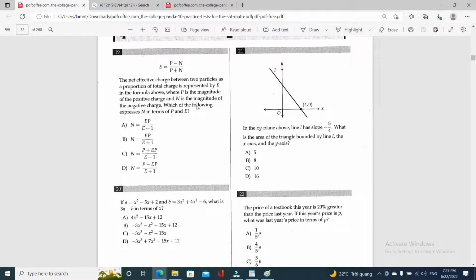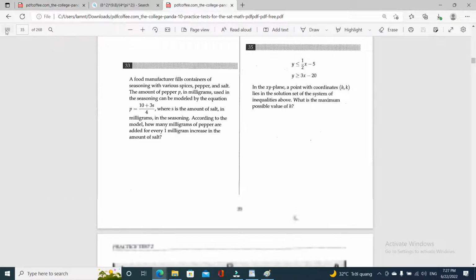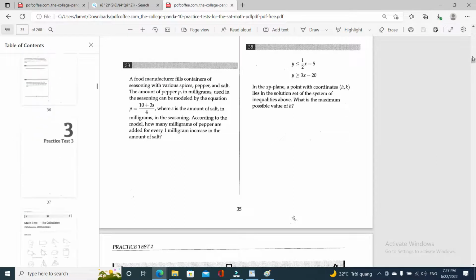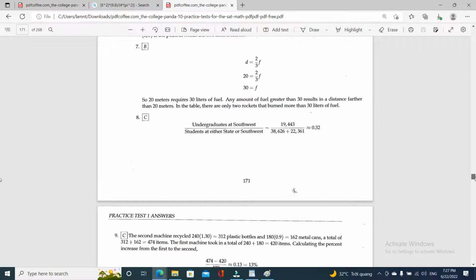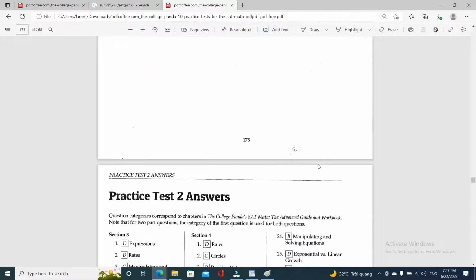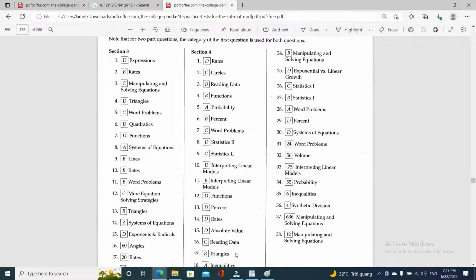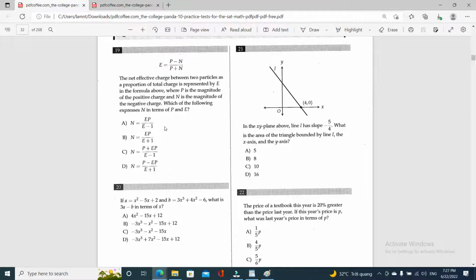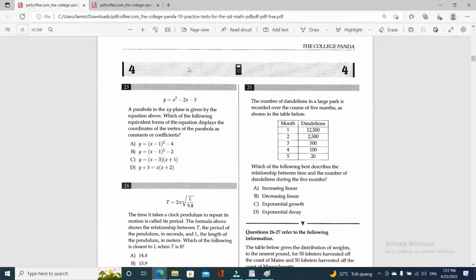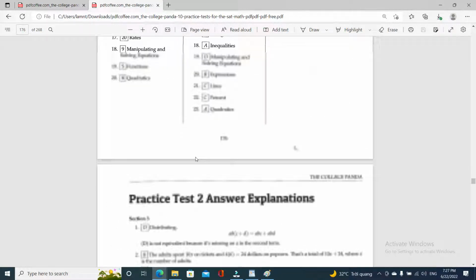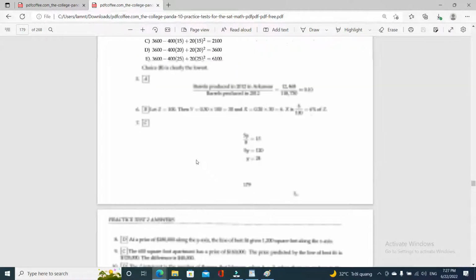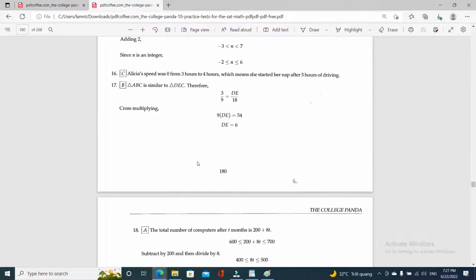So let's go to the answers of test 2, section 4, exercises 20 to 25.